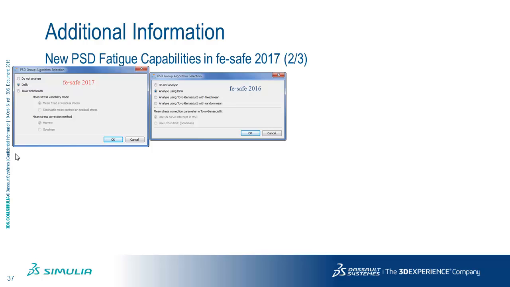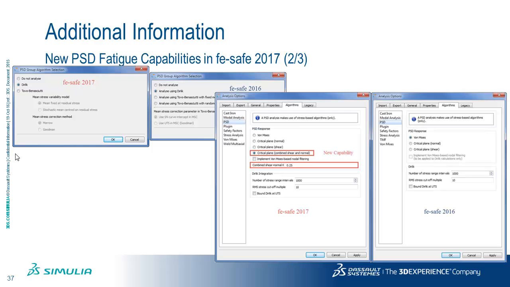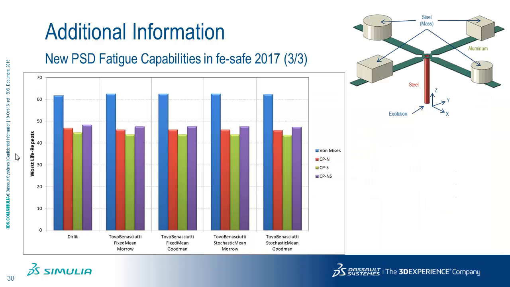Okay? And we have a new capability in 2017 so that you can use the combined Sure and normal algorithm. Okay? And I also tested with this kind of simple toy problem to compare all the algorithms available in FE-Safe 2017, and it shows quite consistent results. Okay?